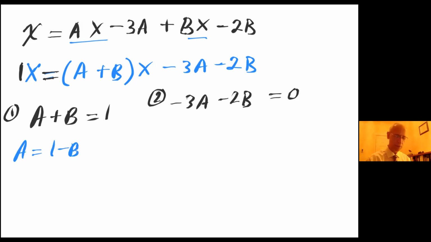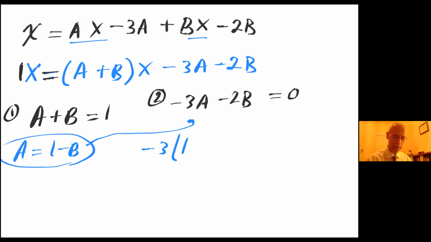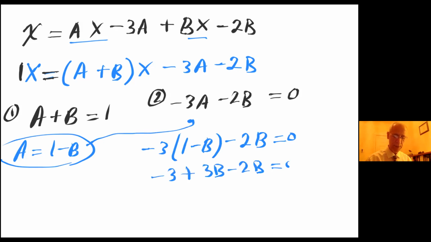And then I can substitute this in here. So minus 3, instead of a, I have 1 minus b, minus 2 times b equals 0. So minus 3 plus 3b minus 2b equals 0.